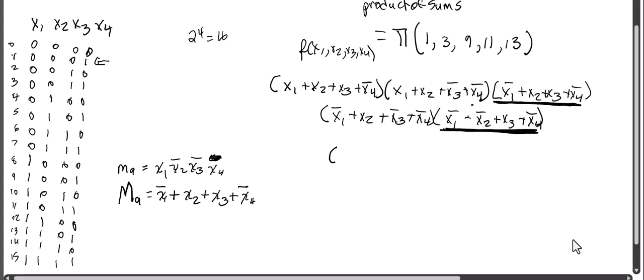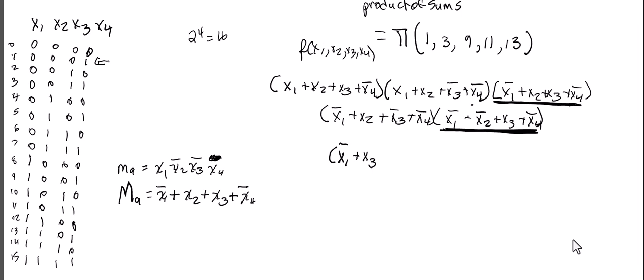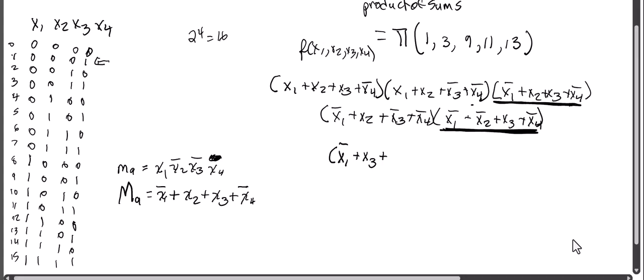And whenever you have that, you can just ignore that term, because this one is saying or x2, and this one is saying or not x2. Well, it can be either x2 or not x2, then you don't really care what x2 is. So I can write it like this.